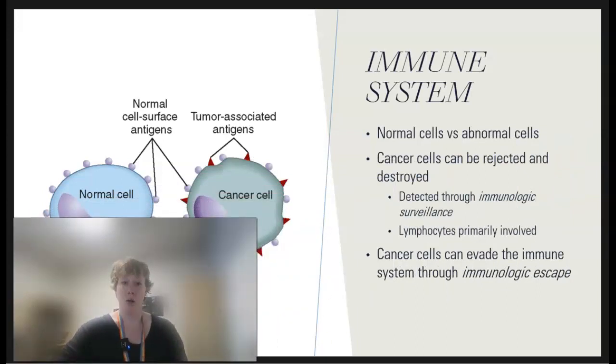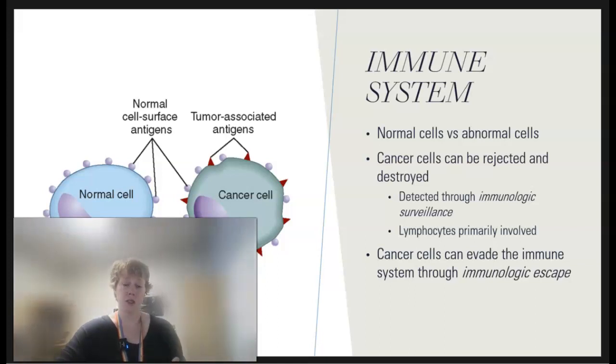So your immune system helps with detecting cancer cells. We kind of talked about this back in Unit 1 when we were talking about immunology. We have normal cells, and then we have what are called abnormal cells. So we recognize self versus non-self.